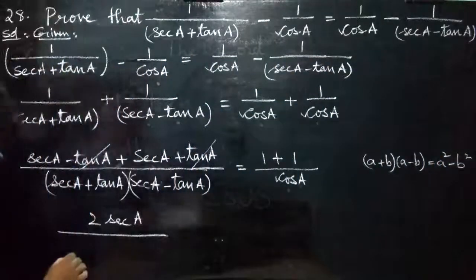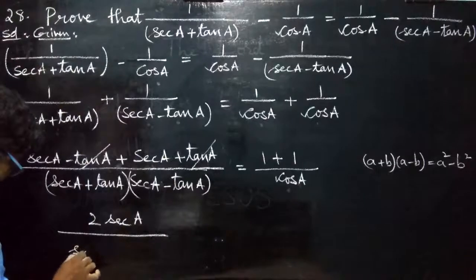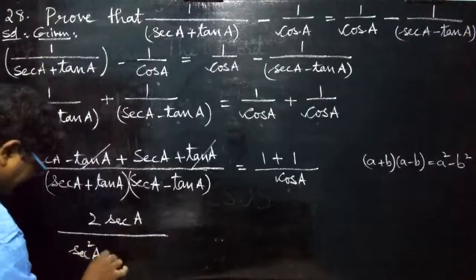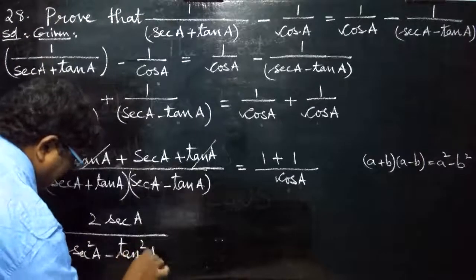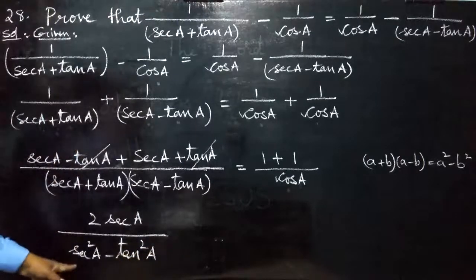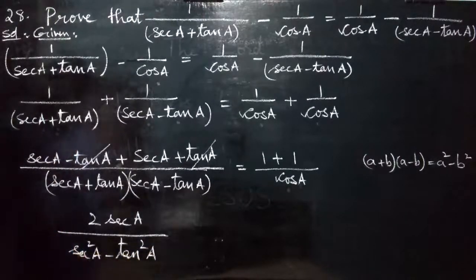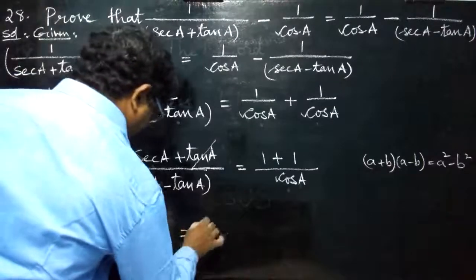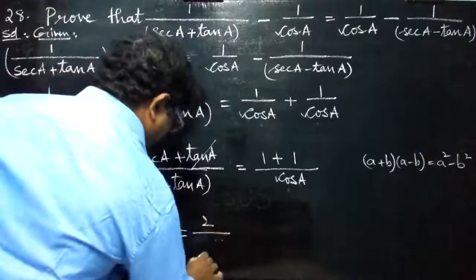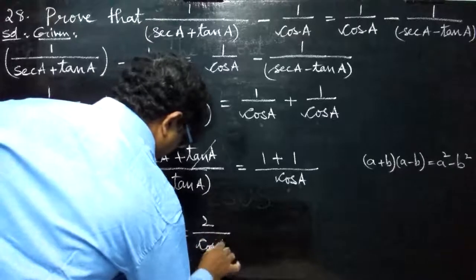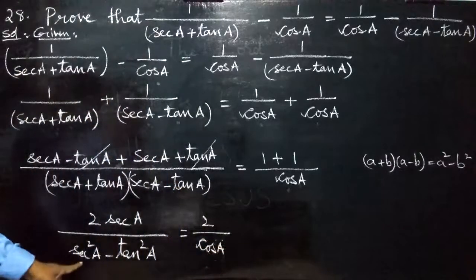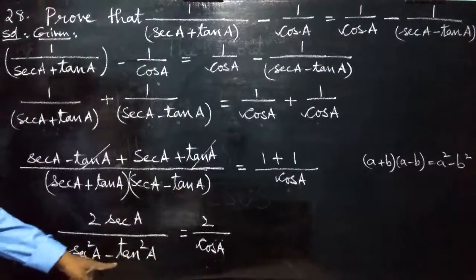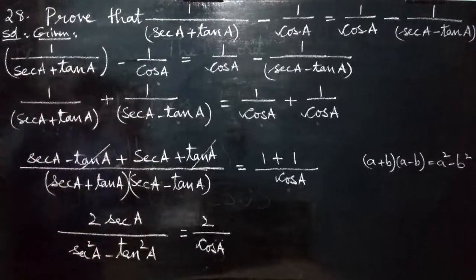So secant square A minus tan square A. We know the formula for secant square A minus tan square A. Here it is equal to 2 by cos A, as it is. Now secant square A minus tan square A is 1.